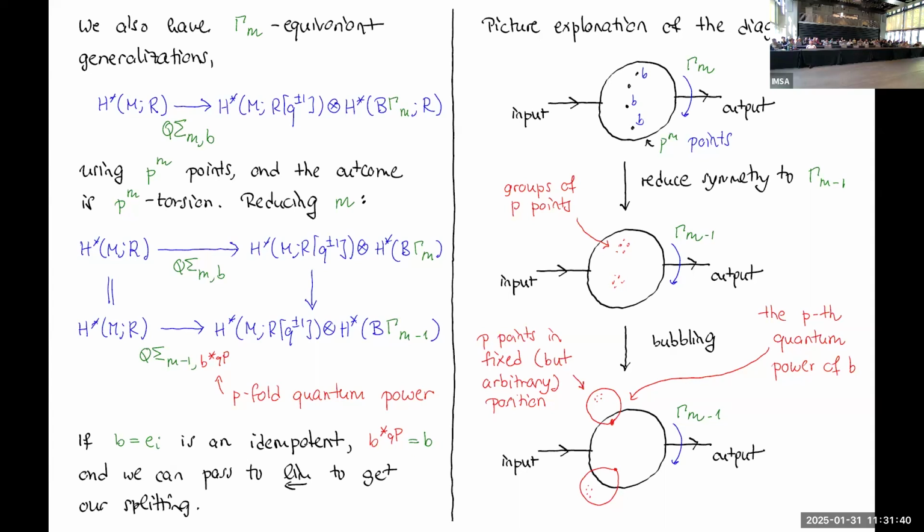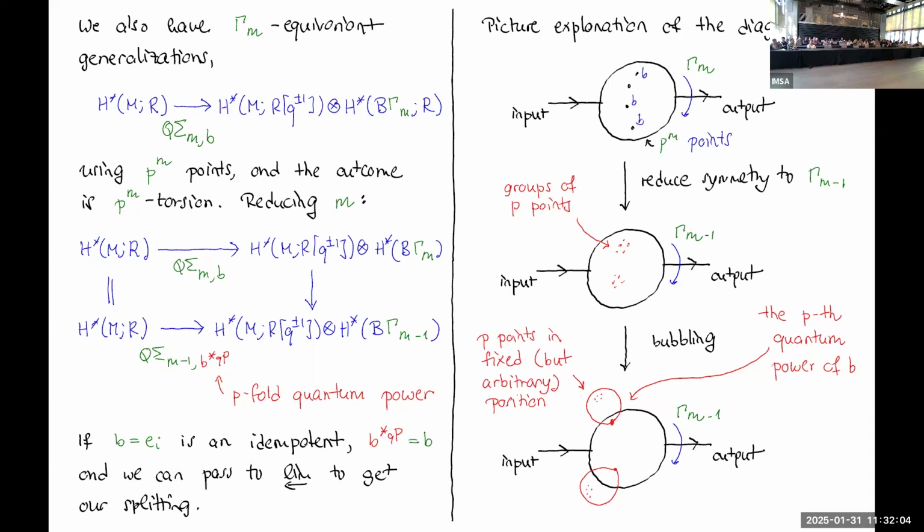Now we have this cohomology of BGamma_m, which is p^m-torsion, so we get more information. In order to lift to p-adic, we need to investigate what happens when m gets higher, so that we can form the inverse limit. This is how we go from m to m minus 1.